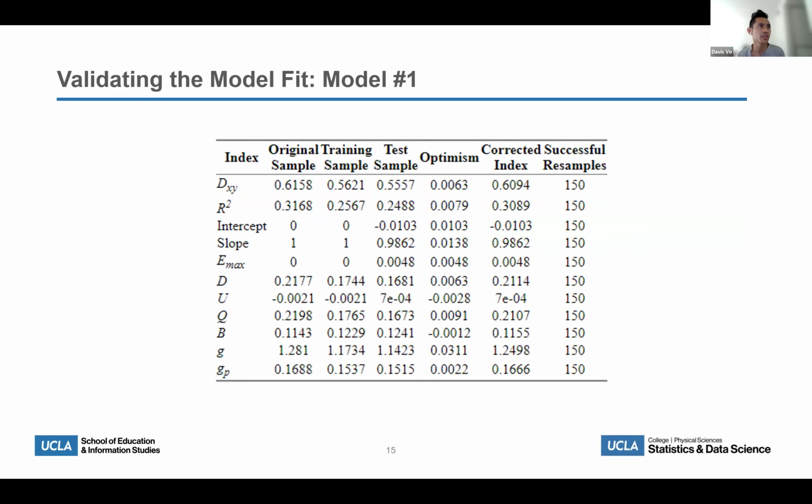And then I used bootstrap validation of 150 resamples. And I'm just going to show you model 1, and we can kind of see, I want to highlight just the discrimination index of 0.60, which is modest but decent, and then some consistent R-squareds as well through the bootstrap validation.